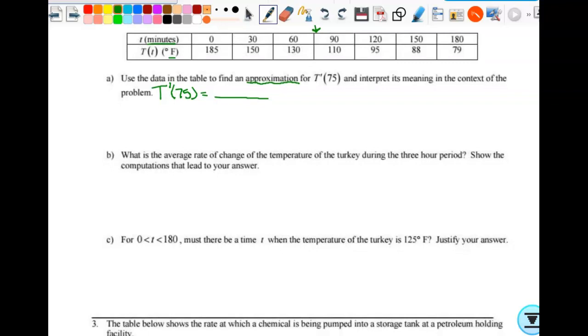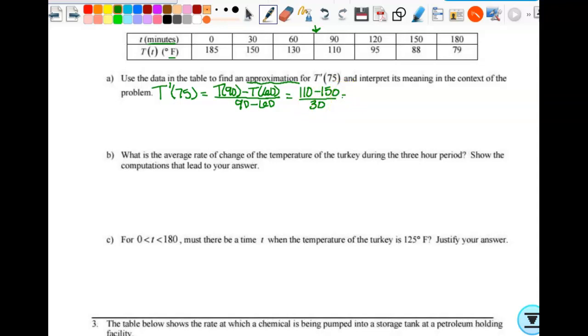So this is going to be T of 90 minus T of 60 over 90 minus 60. So this will give me 110 minus 150 over 30. 150?